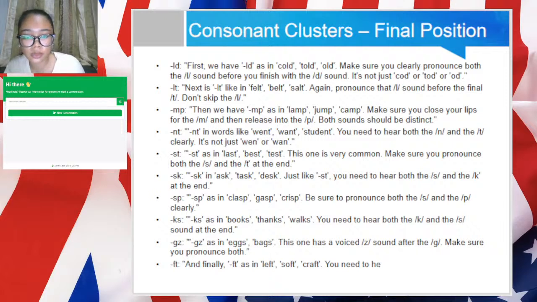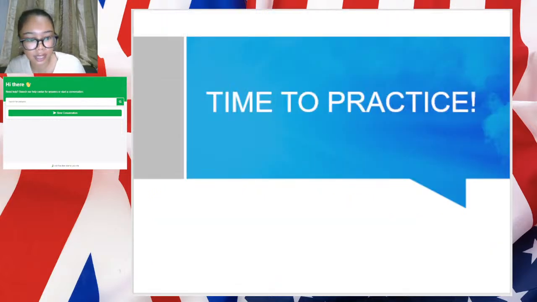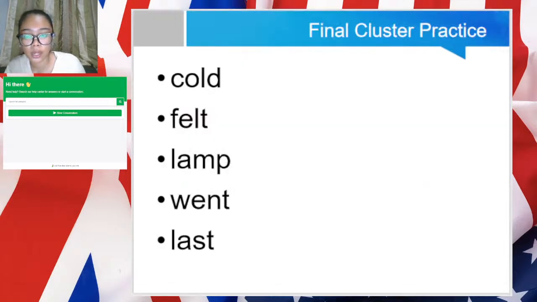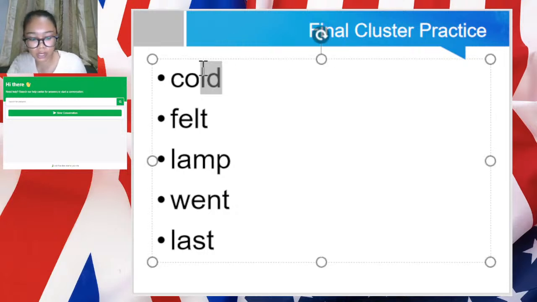So those are examples of final position, and same as with the practice drill for the initial position, I just want you to read these words with me. These words have a final consonant cluster.